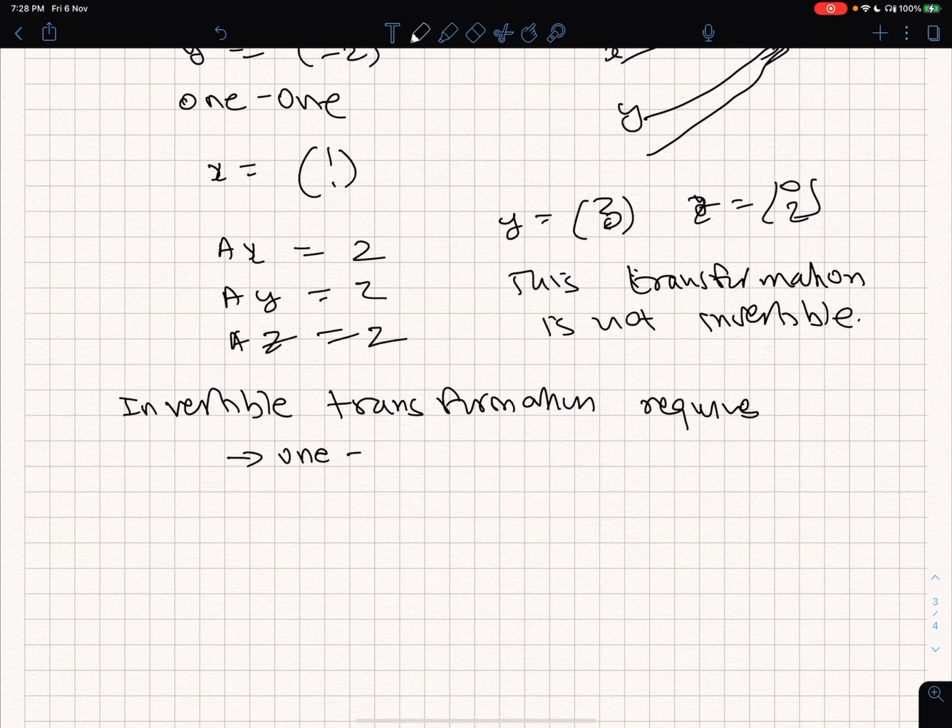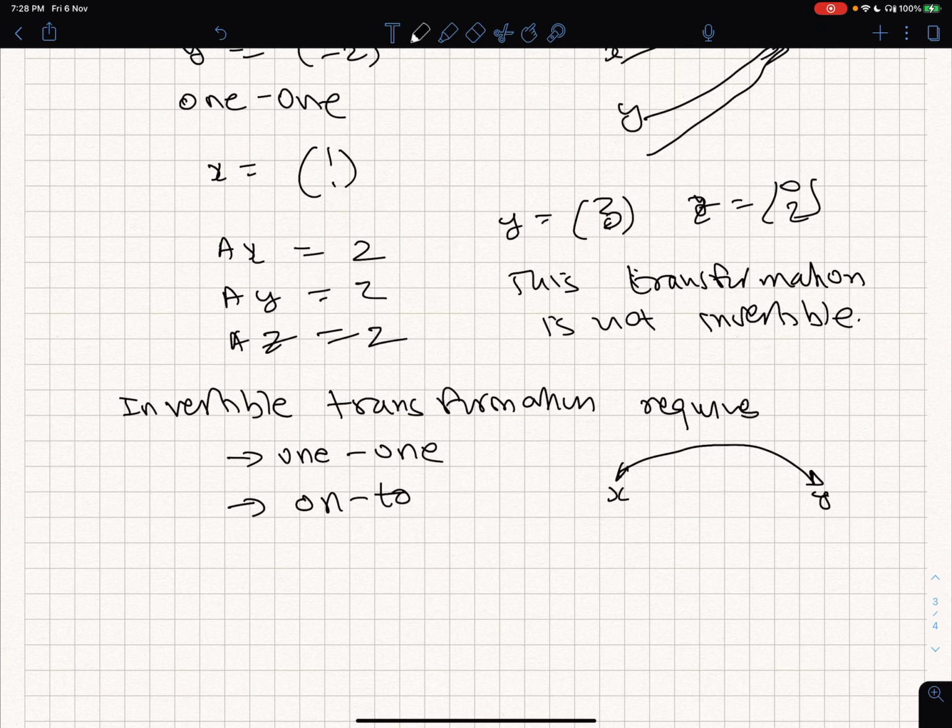One is that the mapping should be 1-1, and another thing is it should also be onto. So there is a one-to-one correspondence between x and y here.